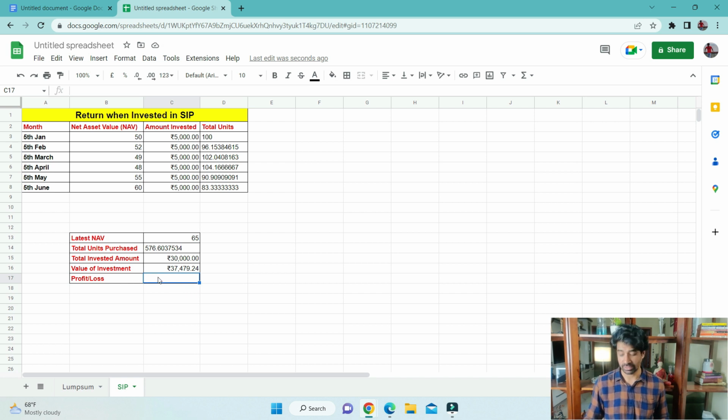The profit and loss is equal to value of investment minus the total invested. So the profit is 7,479 rupees. It is as simple as that. So you are able to understand how in SIP we can calculate the NAV and the loss and profit.